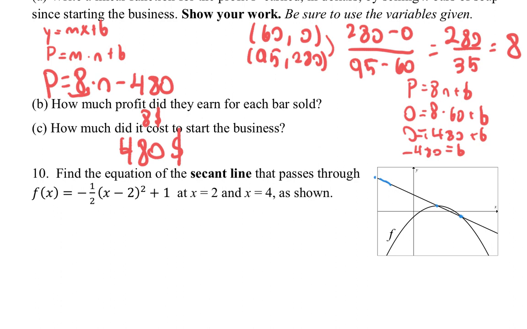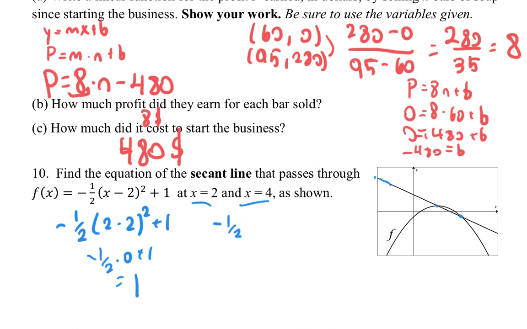So, in other words, we can find the y values for these 2 points on our line by plugging them into this equation. So, I'll do -1/2 times 2 minus 2 squared plus 1. Well, 2 minus 2 is 0, so -1/2 times 0 plus 1 is just going to be 1. I can plug in 4 as well.